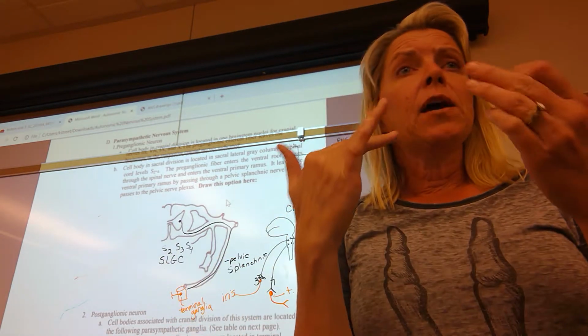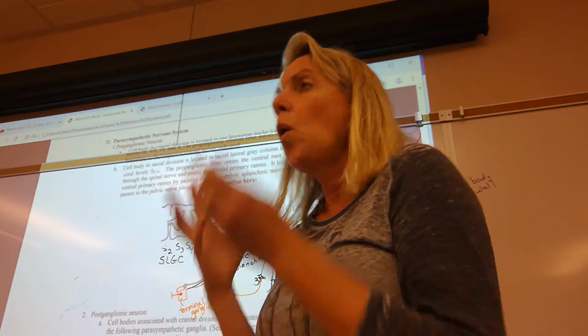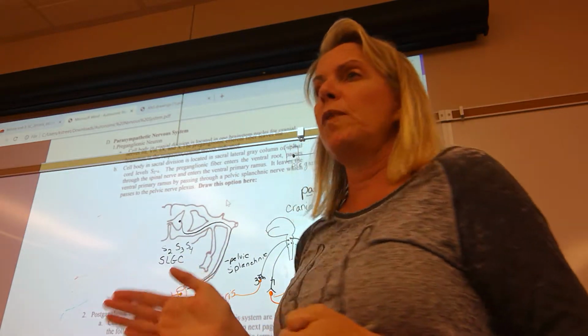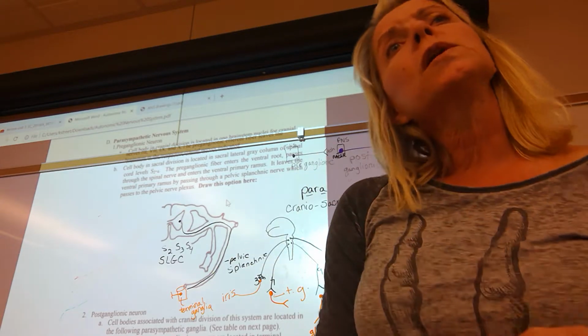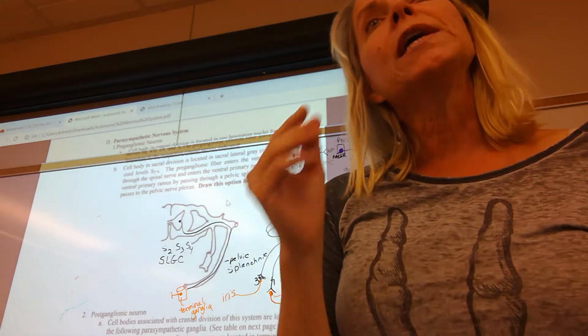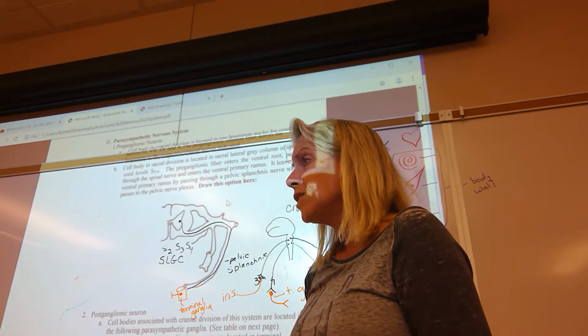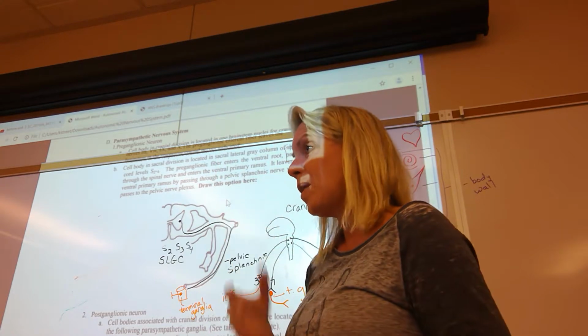Aren't the epicardium, myocardium, and endocardium layers of the heart? Wall of the heart? So these cells would be found between the epicardium and the myocardium. When you start learning about the digestive system and you look at a slide from an intestine, you can see the terminal ganglia underneath a microscope.